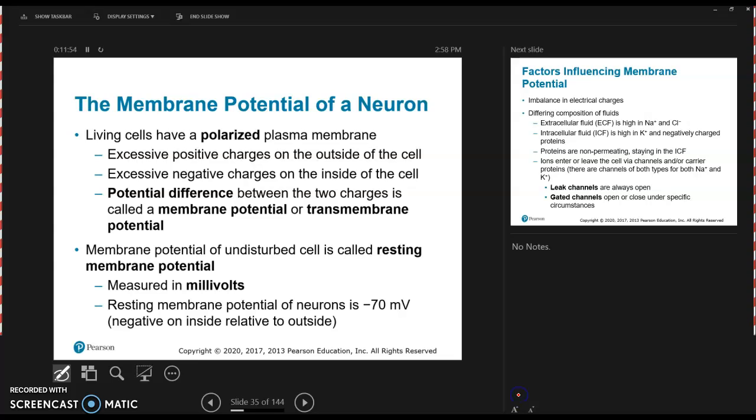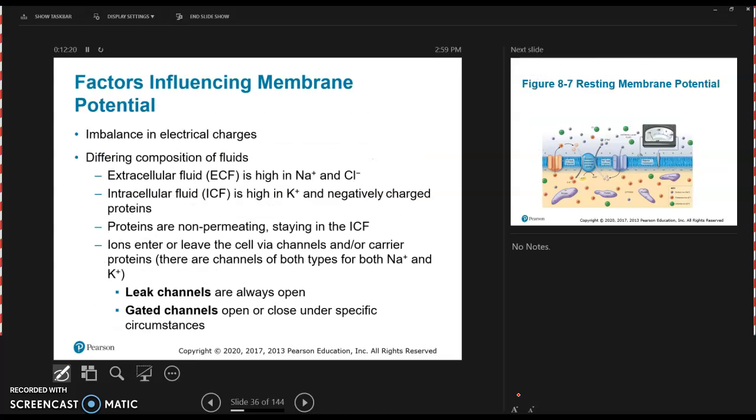That means that the inside of the cell is negative relative to the outside. So it's more negative than the outside of the cell. And that resting potential is necessary because when an action potential occurs, it depends on changing that voltage to a more positive value. So the resting membrane potential is negative 70 millivolts in a neuron.